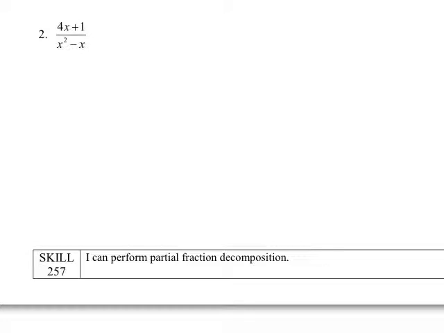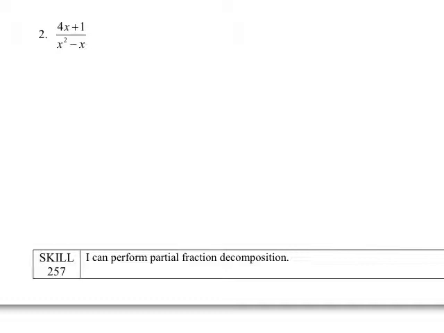Okay, so the first step that we need to take is to factor the denominator. Actually, the very first thing you need to do is make sure the degree in your denominator is higher. Currently we have degree 2 in the denominator and degree 1 in the numerator, so we're good there.